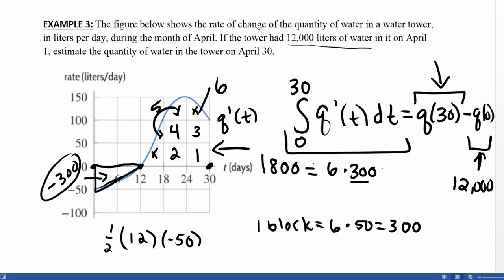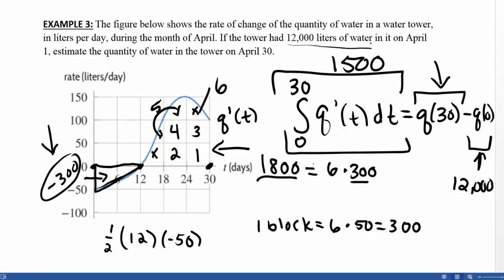Now I have to put it all together. If I have 1,800 coming in and 300 that was going out in the beginning, I'm going to net 1,500. Again, I take my positive area and add my negative area. So 1,800 plus negative 300 means this integral is going to be a total change of 1,500 liters.